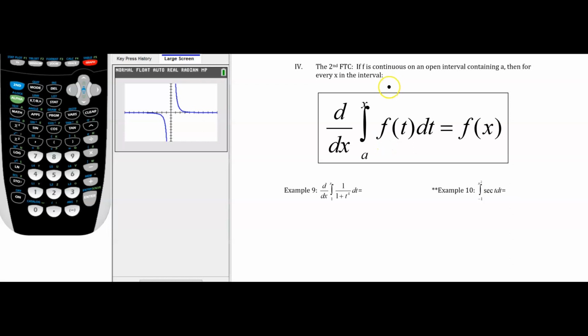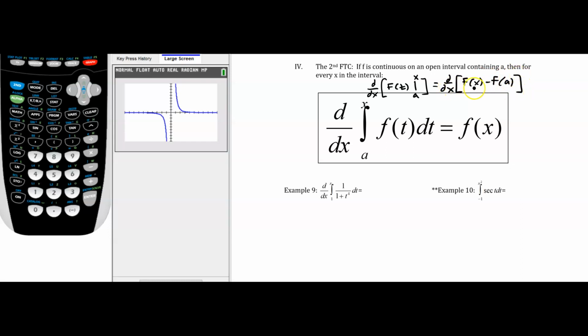And so if you have capital F of t and you're evaluating that at x and then at a, and ultimately we're going to take the derivative of this, you'd be doing the derivative of capital F of x minus capital F of a.